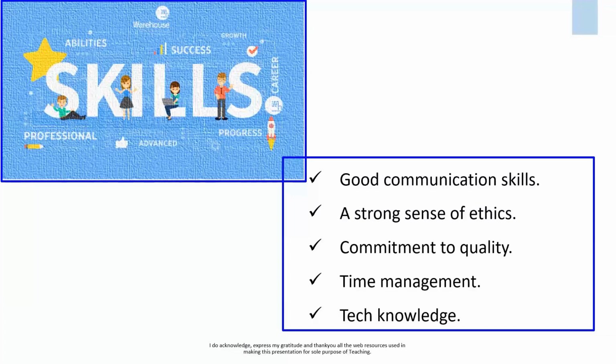That is called ownership, ethics, ownership, honesty, fairness. So these are the things which should be imbibed in the manager who is leading the task. Commitment to quality, no compromises on quality.